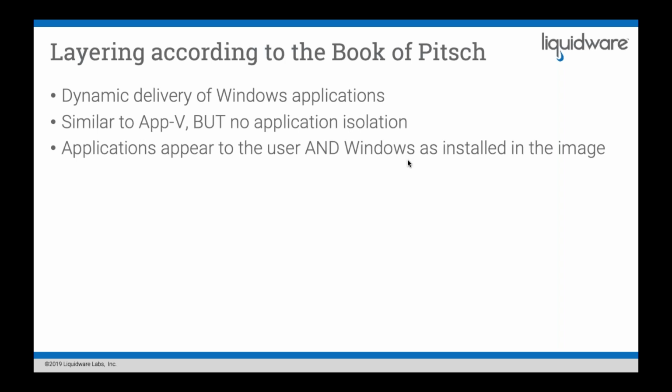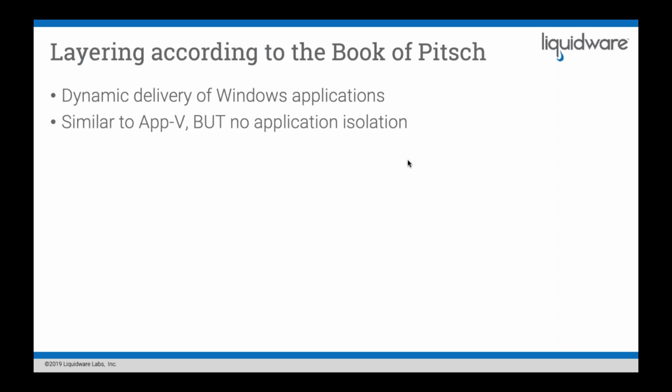So, let me jump back here. Layering is extraordinarily similar to App-V, except layering does not have application isolation. This is the key difference. If you've got two applications that have to run on the same desktop and they use different versions of Java, App-V is your answer for at least one of them, right?